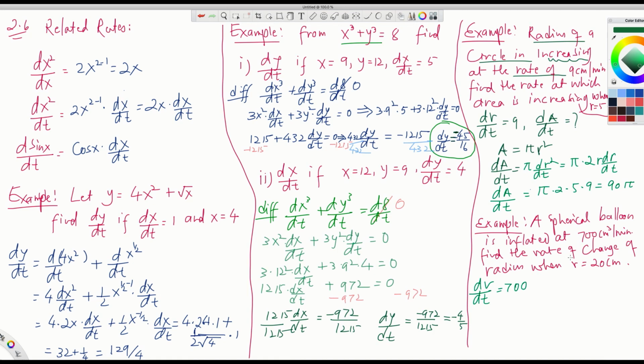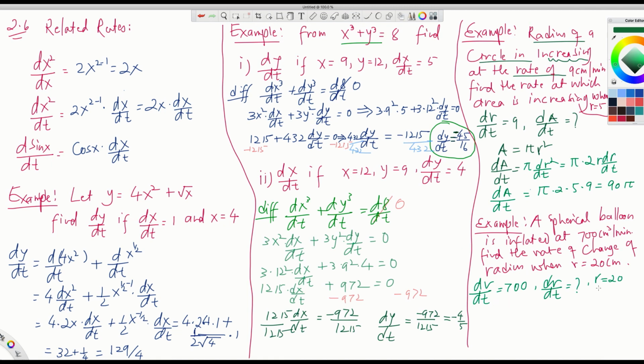Find the rate of change of the radius. What is asked? dr over dt equals what? That is asked. Find the rate of change of the radius when r is given as r equals 20 centimeter.